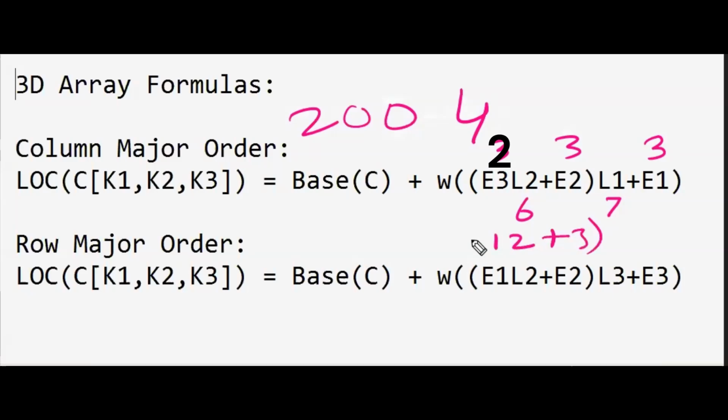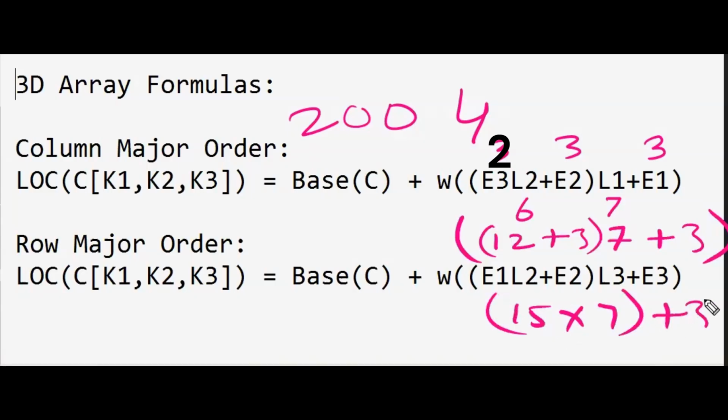Plus 3, this is one bracket. It is multiplied by 7. Then after that 3 is added. So we find the value 12 plus 3, 15. So 15 into 7, then plus 3. What is the answer of this? 105 plus 3. So it became 108.